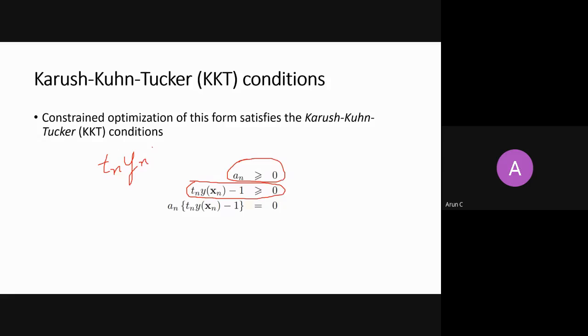So yn tn is greater than or equal to 1. It is equal to 1 for all those which are nearest points, and for the rest of the points it should be greater than 1. So this is where we are getting it: tn yn should be greater than or equal to 1.